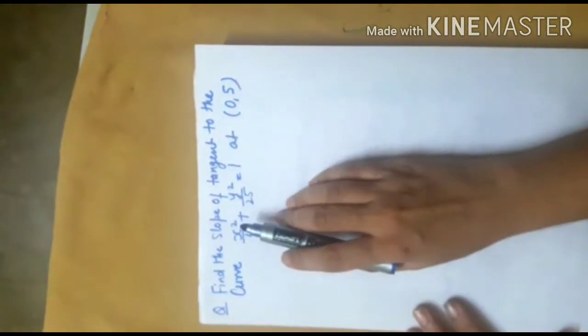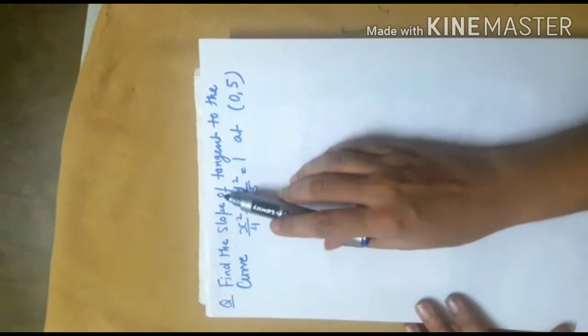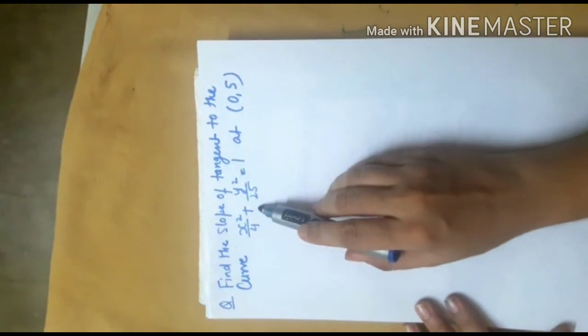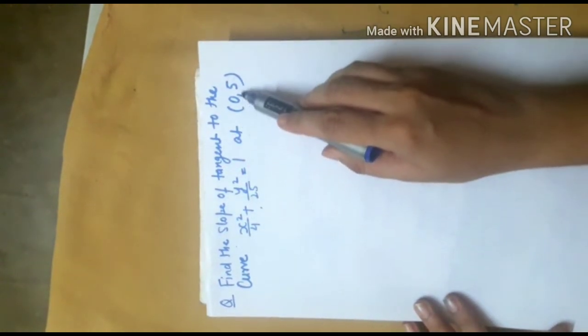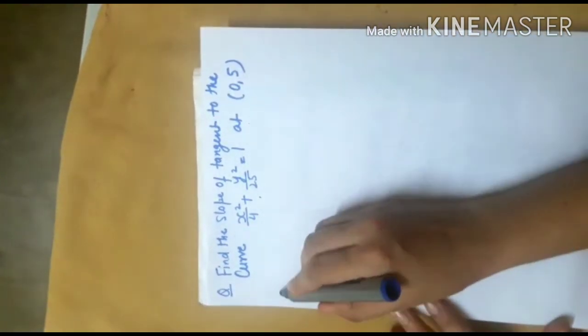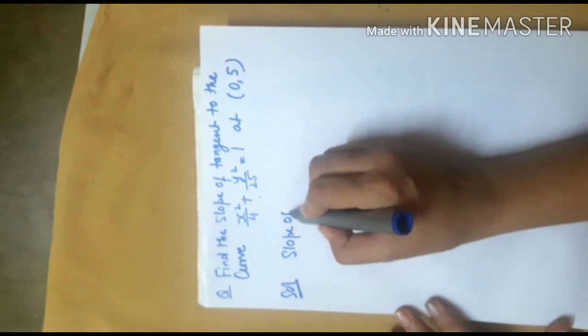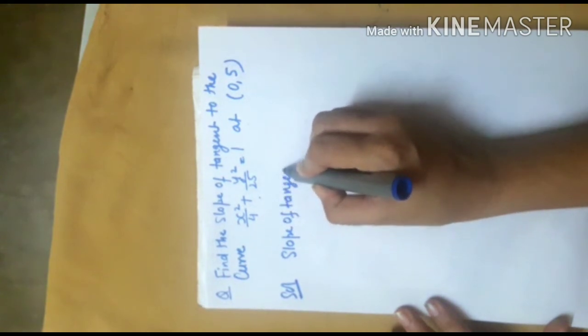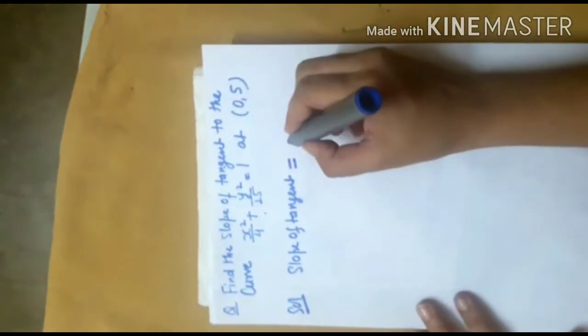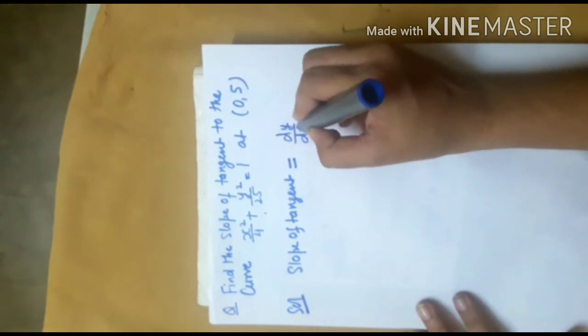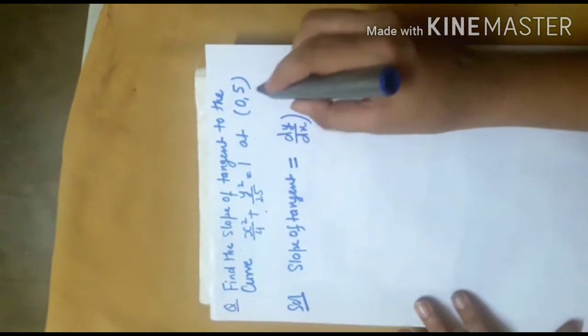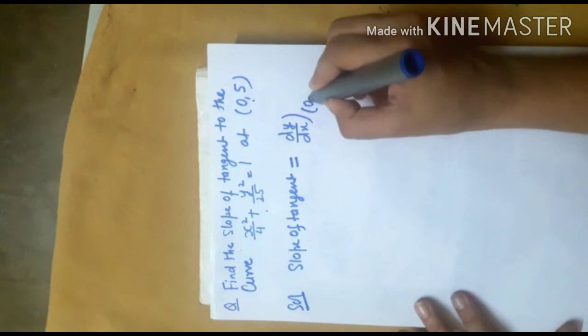Let's take another question. Find the slope of tangent to this curve at 0, 5. Slope of tangent will be equal to the value of the derivative at the point, and the point in this case is 0, 5. So first I need to find out dy by dx.